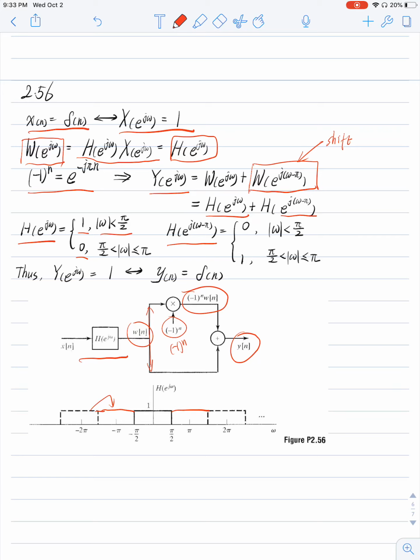So it's obvious that this signal fills the gap when H(e^jω) equals 0.